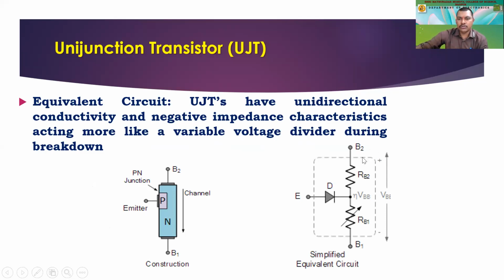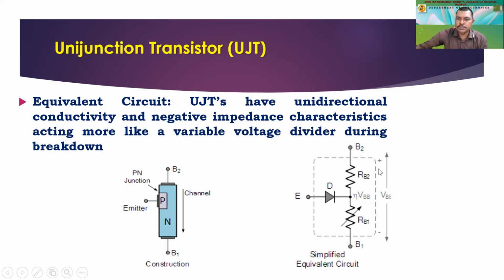We have two resistances in a voltage divider network, here called RB2 and RB1. If you remove the emitter now and just see these two resistances, we have a simple potential divider network.